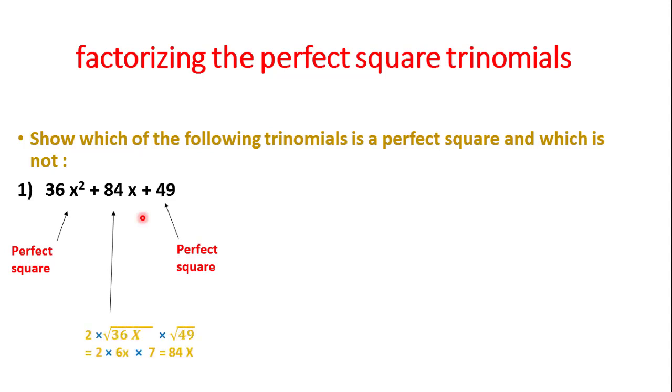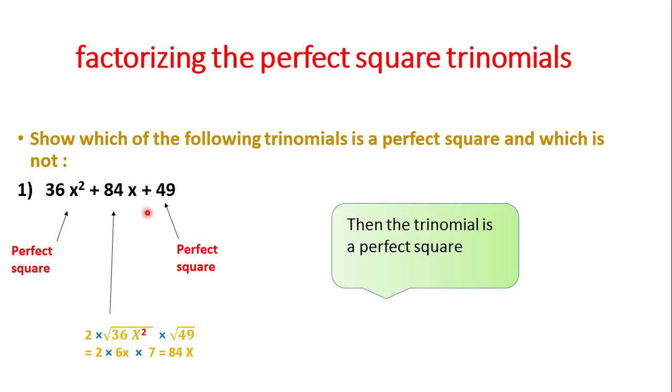I'll calculate 2 times root 36x^2 times root 49. It will be 2 times 6x times 7, 84x. This is 84x, so this trinomial is a perfect square.